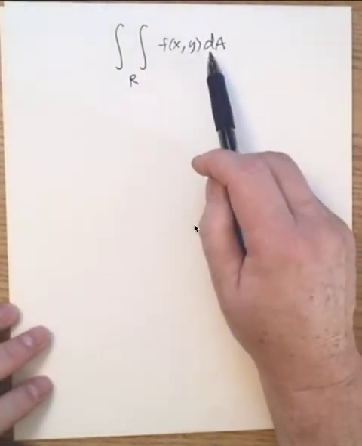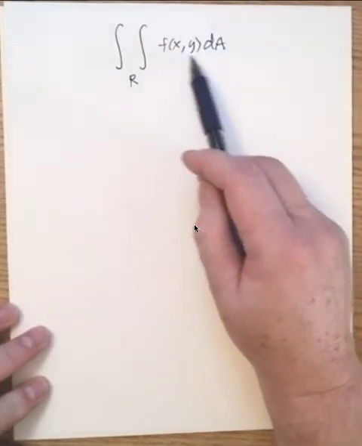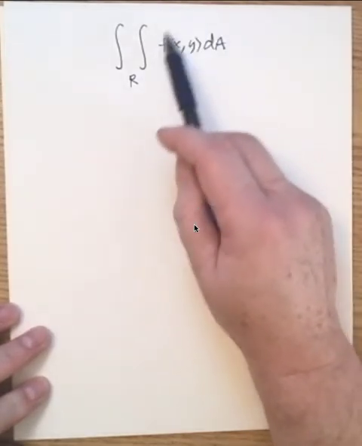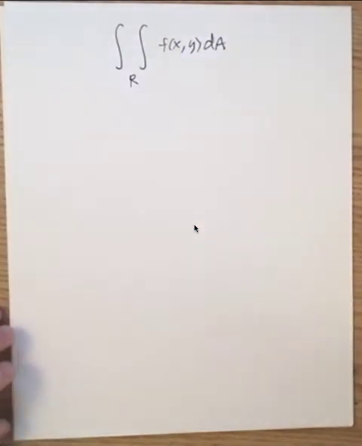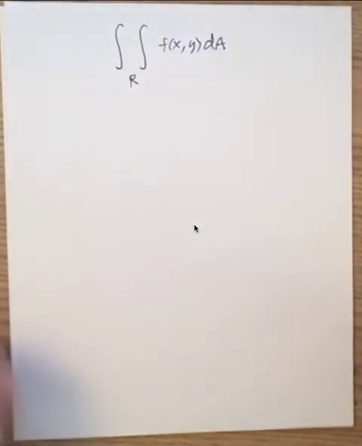When I go dA times f of x, y, what I'm actually finding would be the differential mass for that little subrectangle. Then I'm adding all those up and taking the limit as the norm of the partition goes to 0. I would actually be finding the mass of the entire thin plate, okay?